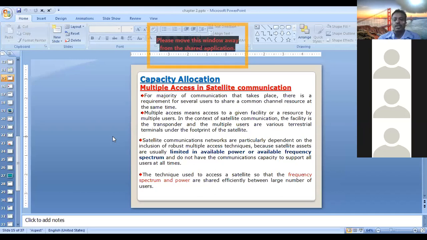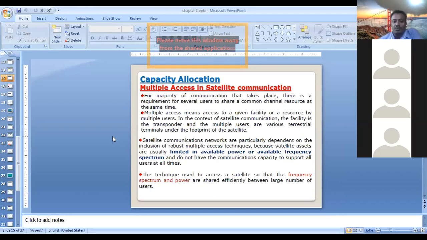Because our resources are limited, but there are many users, so these users need to access or share these limited common resources. That's why we need a technique that we call multiple access techniques.